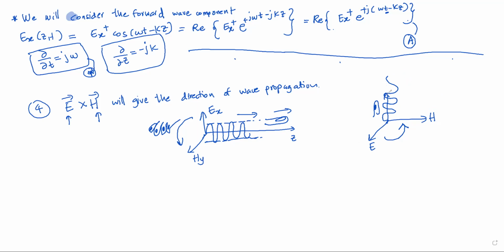Okay, so if we have, for example, the electric field in this direction and the magnetic field in this direction, then the fingers will be moving in this direction, but the thumb will be pointing in the vertically downward direction. So therefore, the wave will be propagating in this direction.